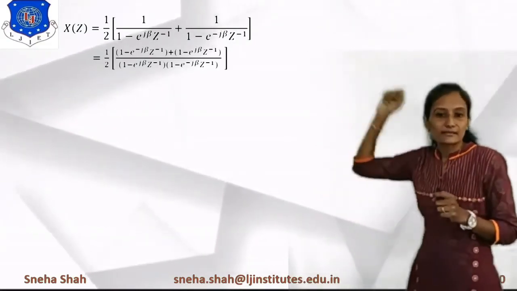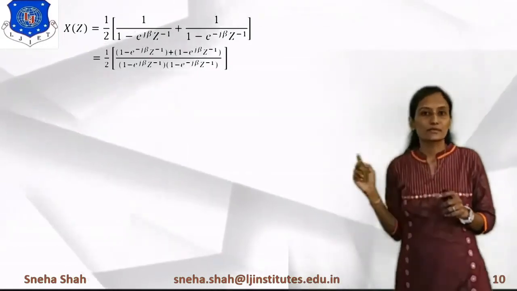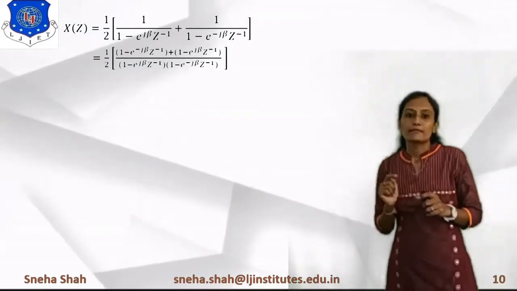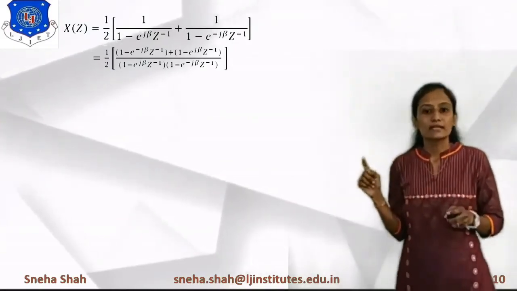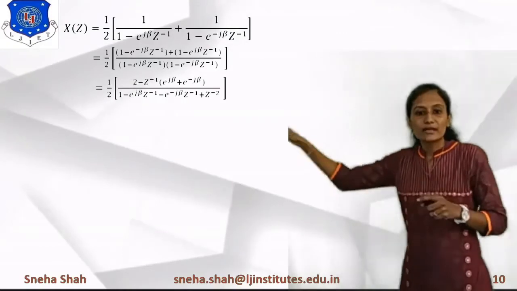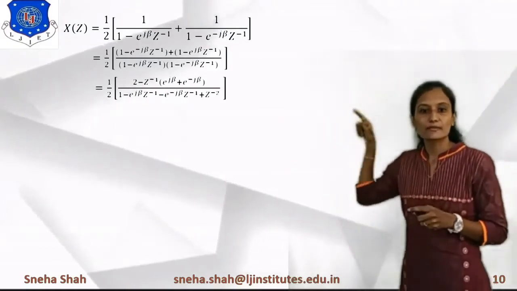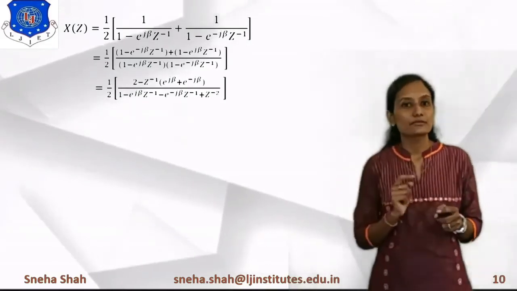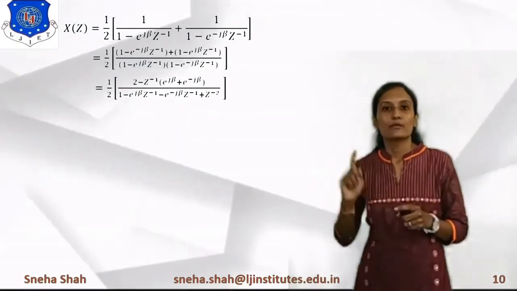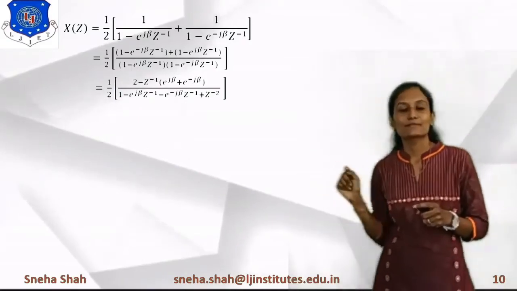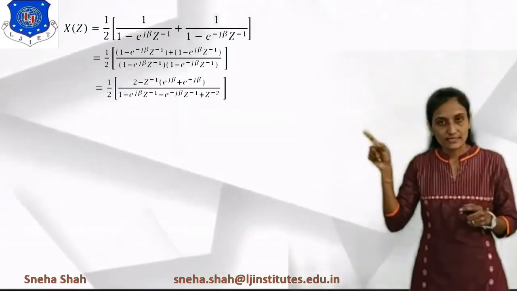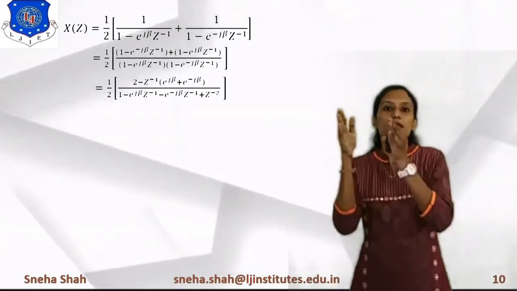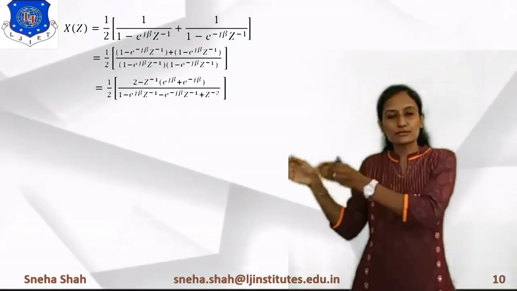Now if I simplify this term, you can see that 1 plus 1 means 2, minus e raised to j beta z inverse, minus e raised to minus j beta z inverse, divided by 1 into 1 means 1, e raised to minus j beta z inverse into 1 means e raised to minus j beta z inverse, minus 1 into e raised to j beta z inverse means minus e raised to j beta z inverse, and the last term is e raised to j beta z inverse into e raised to minus j beta z inverse.